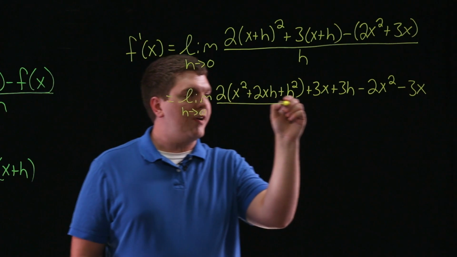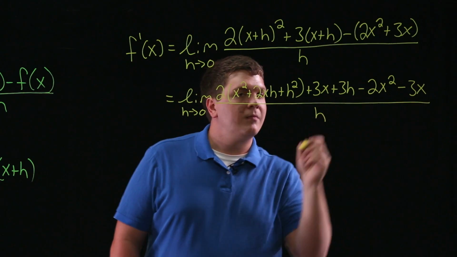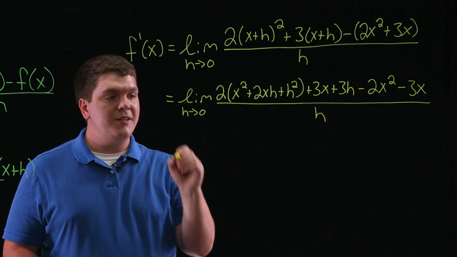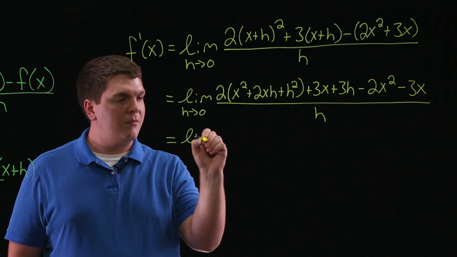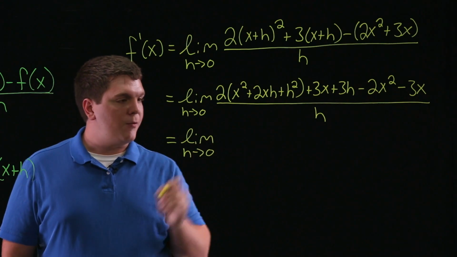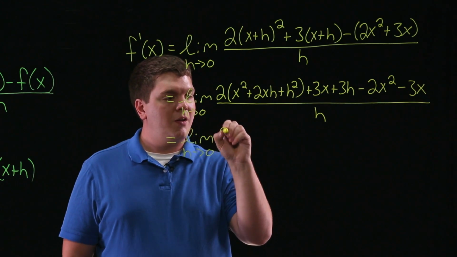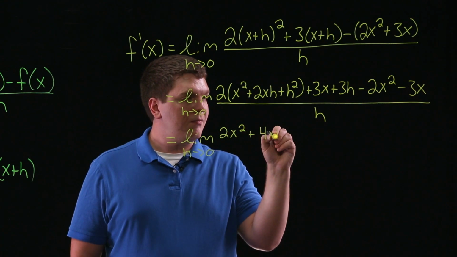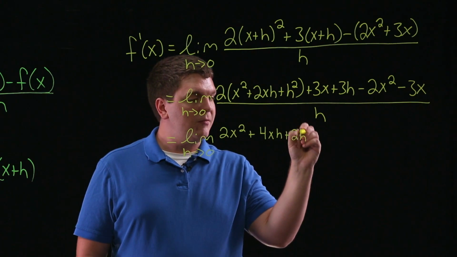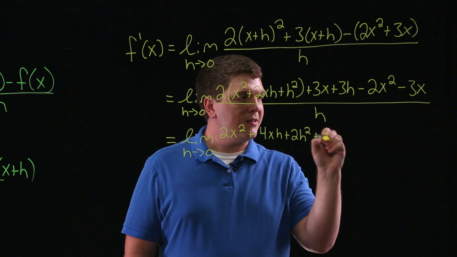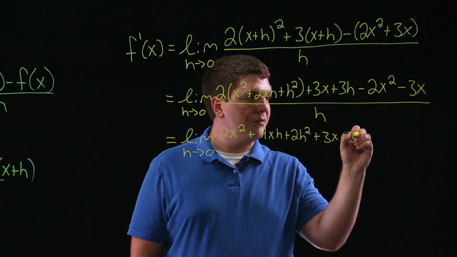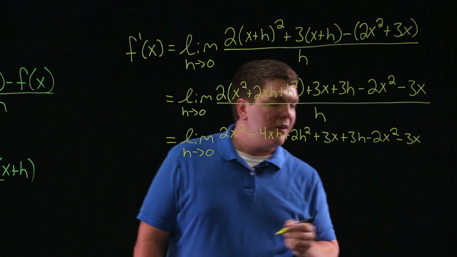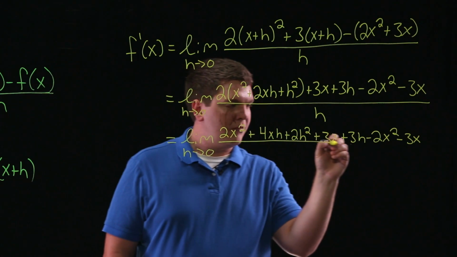And this is still all divided by h. So now we can distribute this 2 to everything inside of these parentheses. So we're left with the limit as h approaches 0 of 2x squared plus 4xh plus 2h squared plus 3x plus 3h minus 2x squared minus 3x, and this is all divided by h.